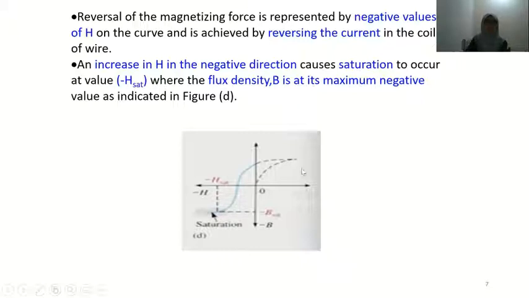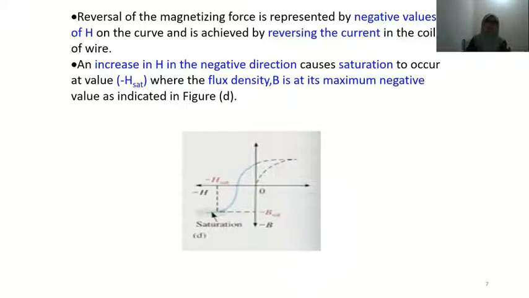Just now we did the positive direction, so now we look at the negative direction of H. The increment of H in the negative direction causes saturation to occur at the value of minus H saturation. Same as the positive, saturation also happens in the negative direction of H.